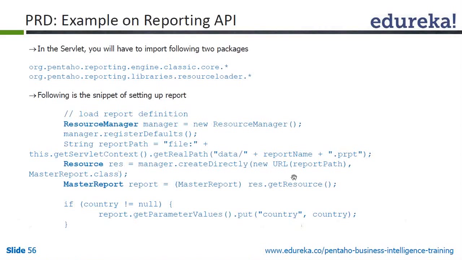If you want to execute multiple files, this is how it works: there are two requests from our main HTML page, and one request generates a report for one file. If you are generating multiple reports, then you will have multiple such statements, passing multiple files here, and generating the report two times or multiple times.